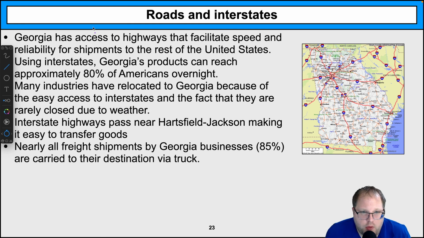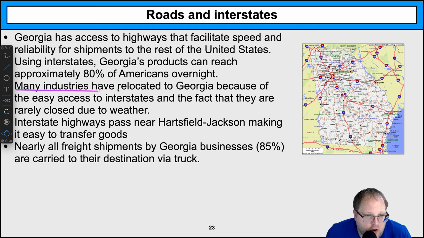Roads and interstate. Georgia has a large network of roads and interstate that crisscross the state in just about any direction you could want to go. We need to know that Georgia's highways are very reliable, and many industries will move to Georgia because of that reliability.